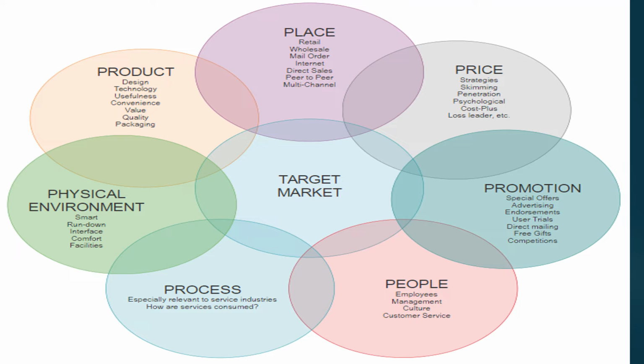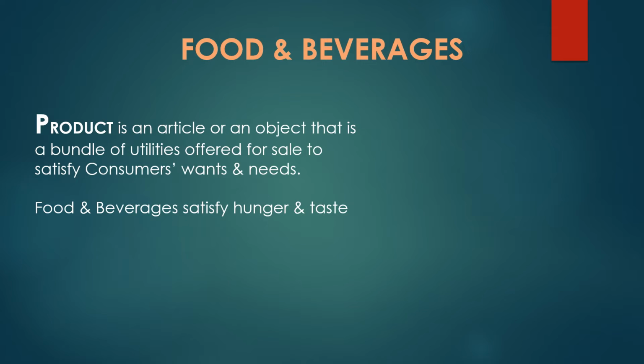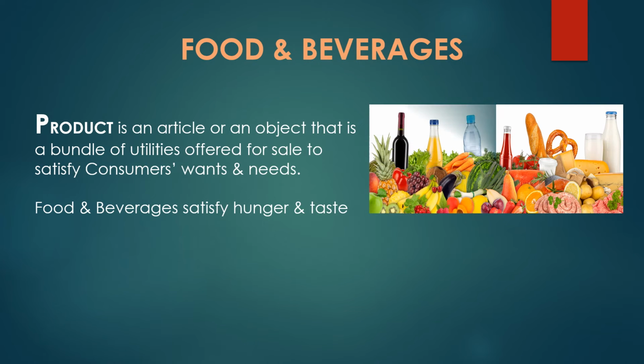We shall move on. I take the example of food and beverages. Normally, when we go out, we have food at restaurants. So we shall try to understand the concepts of elements of marketing mix with this particular product or service.